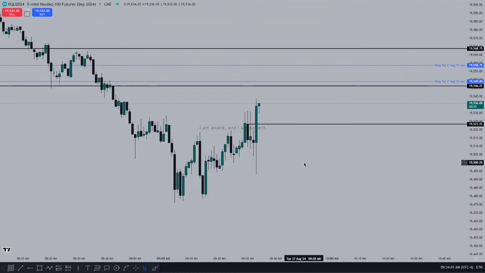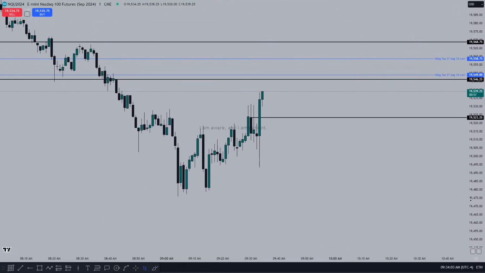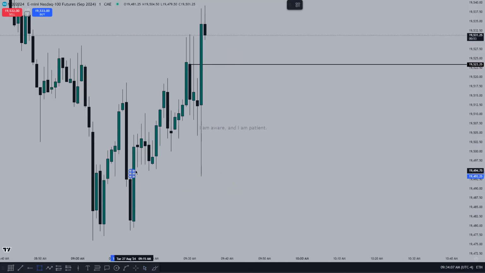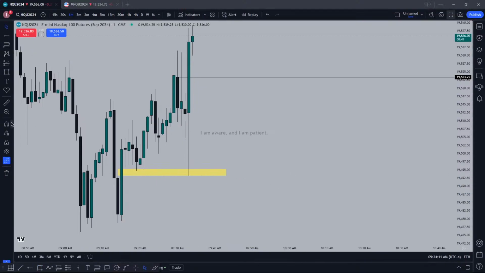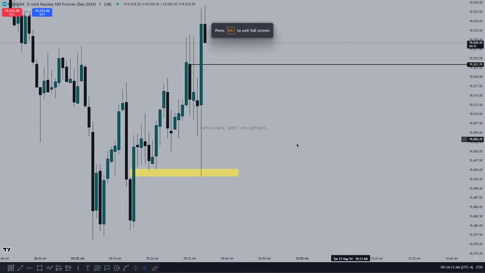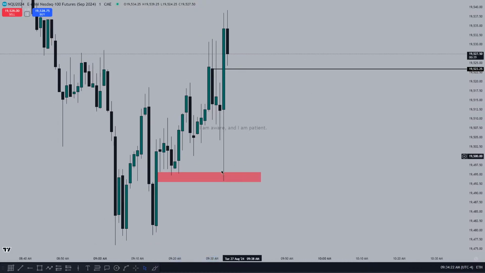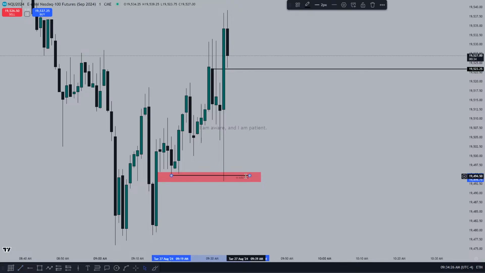I want to see what activated price to start trading into it. So you can see we trade into that, and then we sweep this low right here.